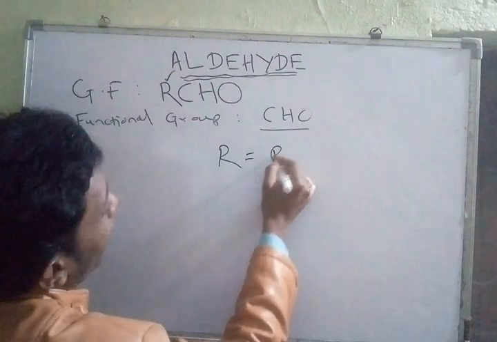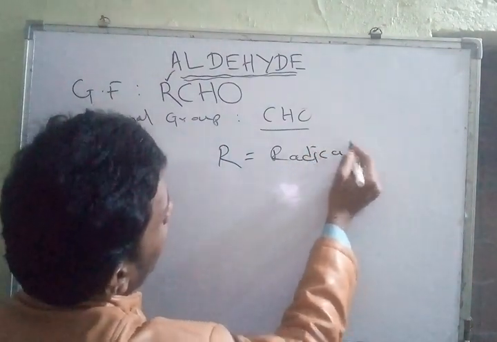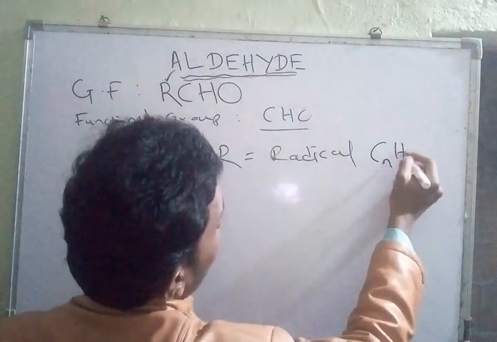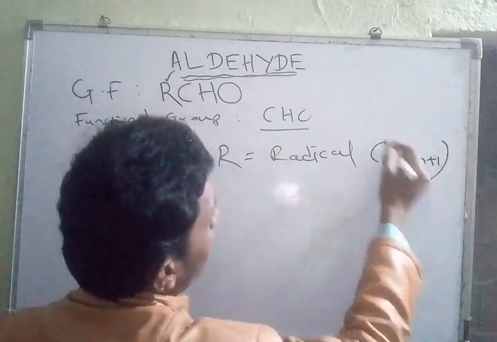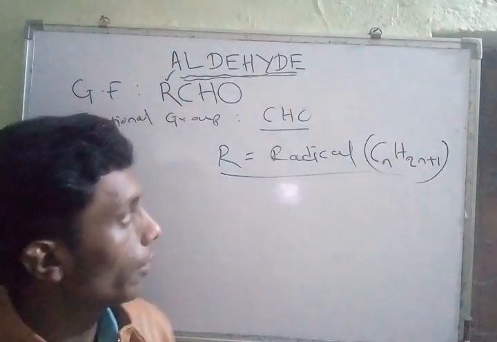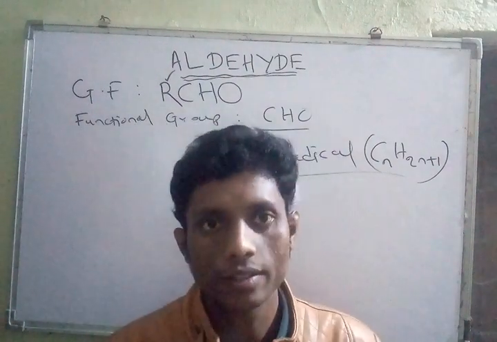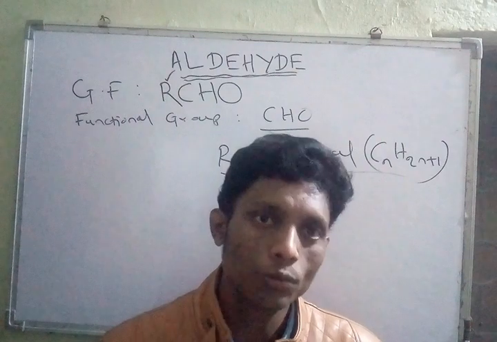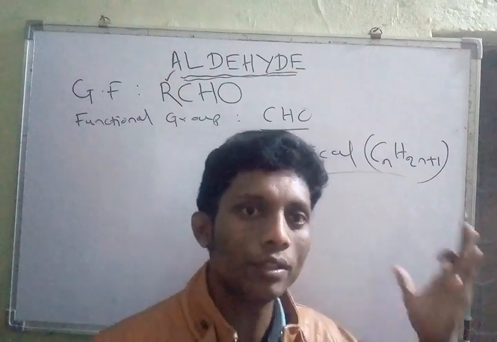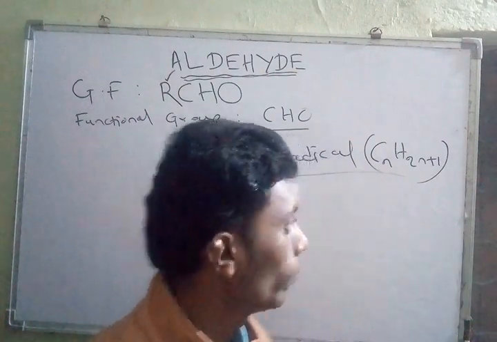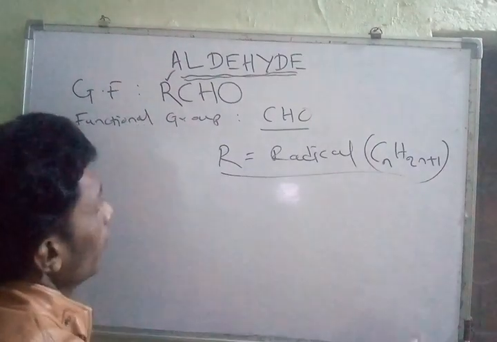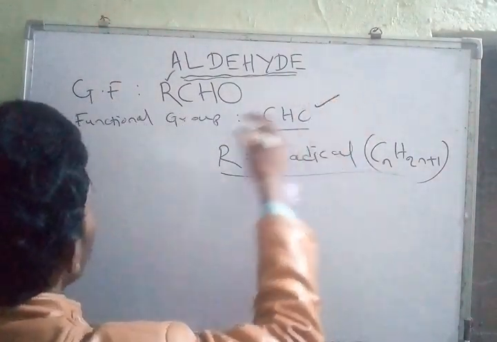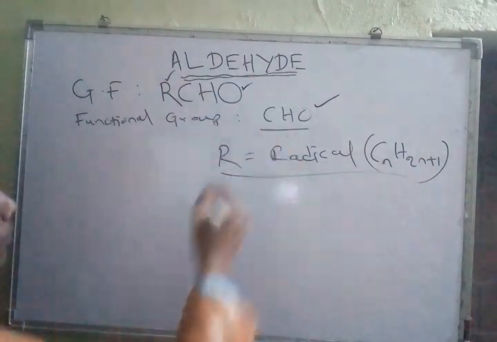Here R is the radical group, and its general formula is CnH2n+1. We have already discussed the radical group in our previous videos; you can go to those videos for the details. So the general formula is RCHO, and the functional group is CHO.